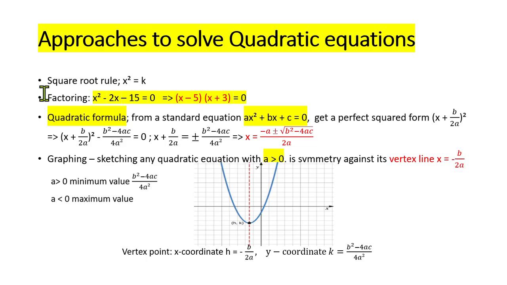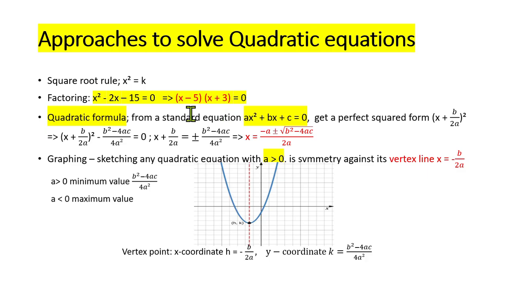As I said, the square root rule is x squared equals k, then x equals plus or minus the square root of k. And the factoring method, for example, x squared minus 2x minus 15 equals 0, then we can factor into two binomial terms, x minus 5 and x plus 3 equals 0.